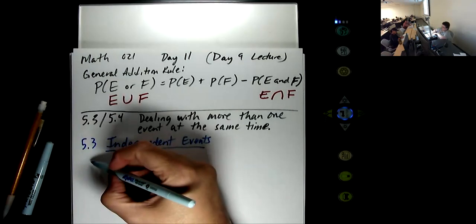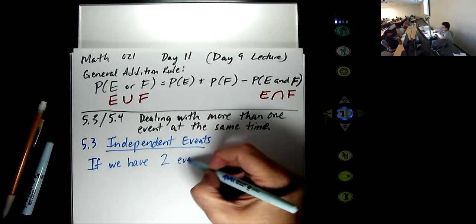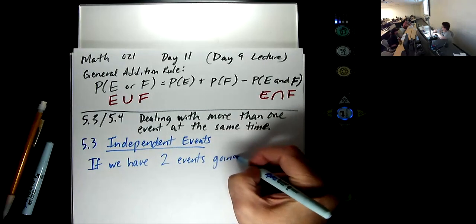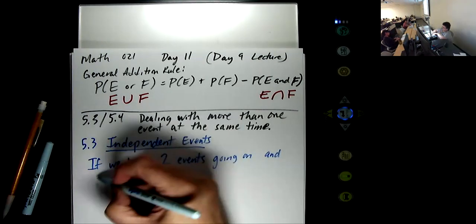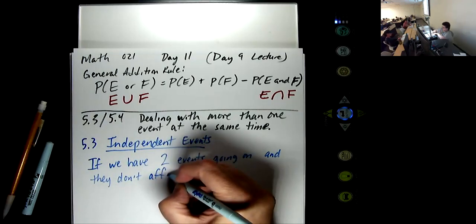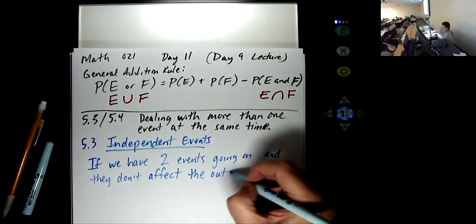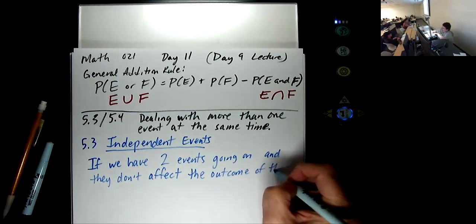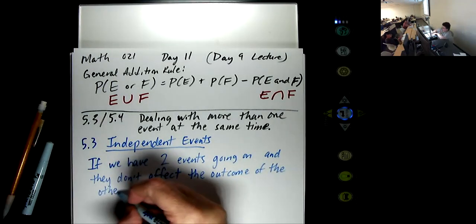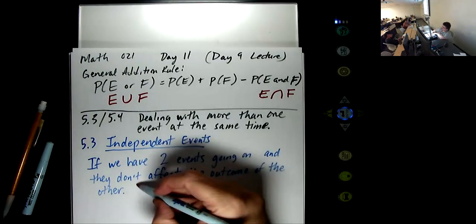This happens if we have two events going on, and they don't affect the outcome of the other. If that's the case, we say the events are independent.